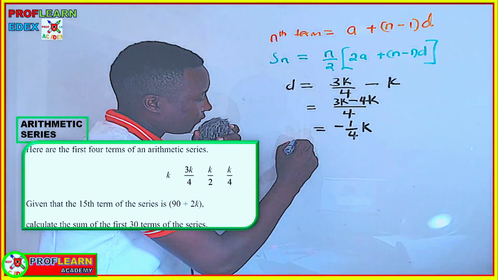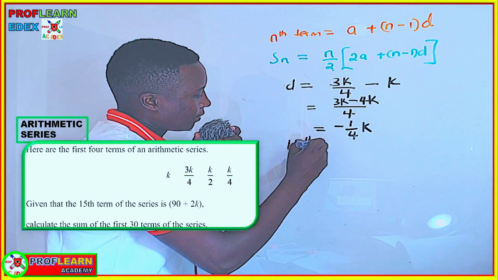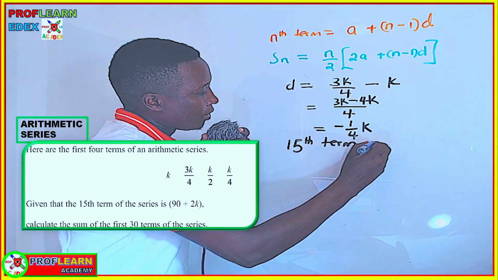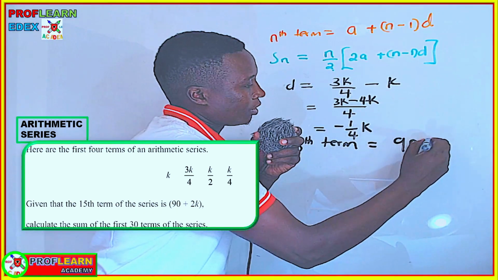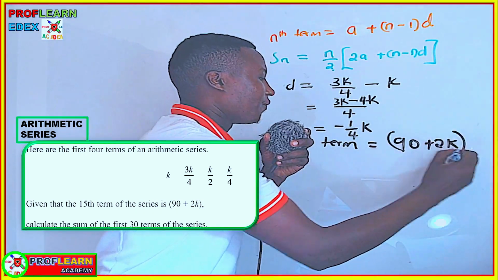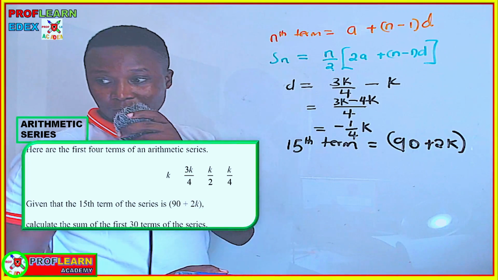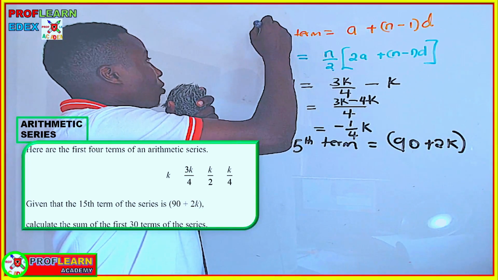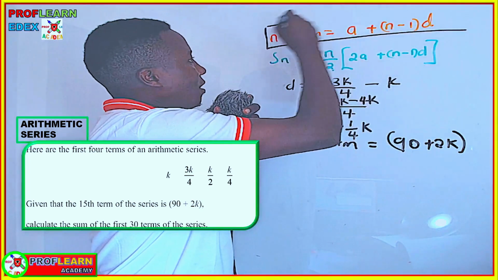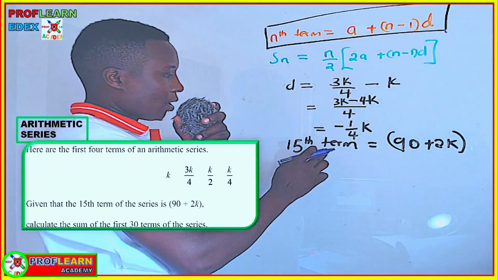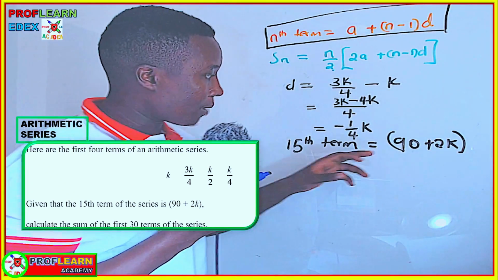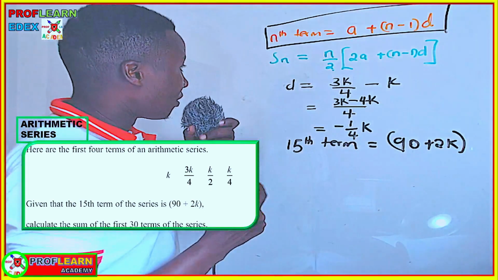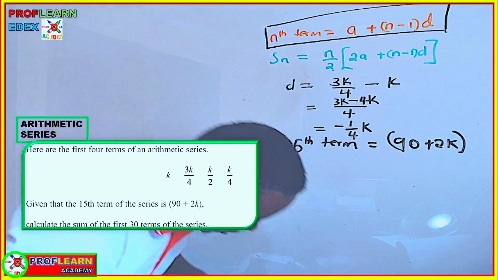But we are told that the 15th term is 90 plus 2k. So we are going to use this formula in order to work out the value of k.